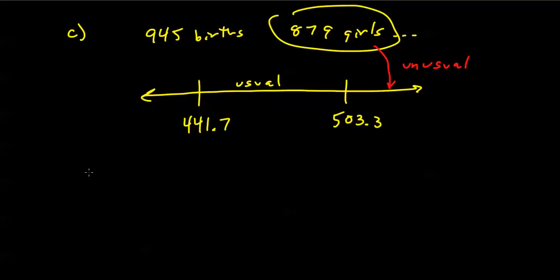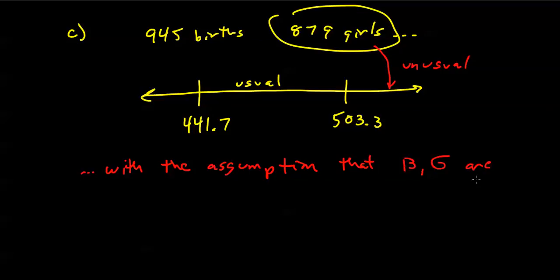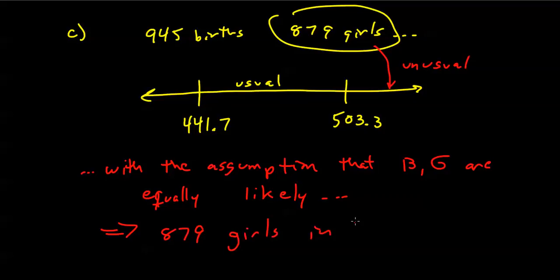Okay, let me write that down. With the assumption that boys and girls are equally likely, if you're assuming that, then 879 girls in 945 births is unusual.